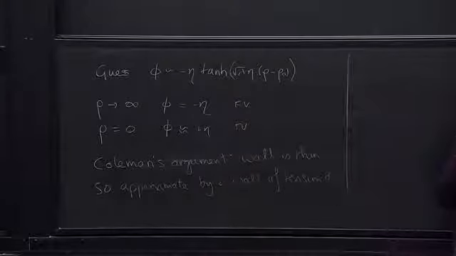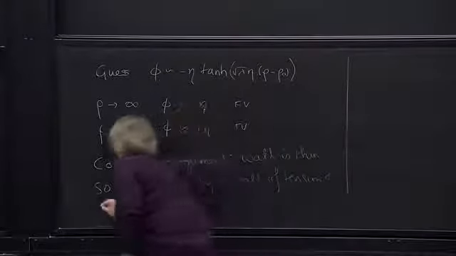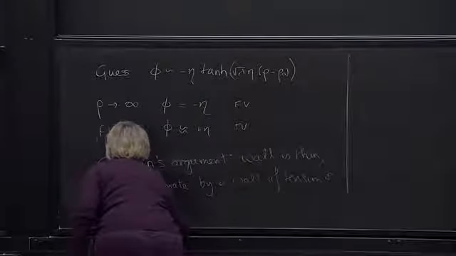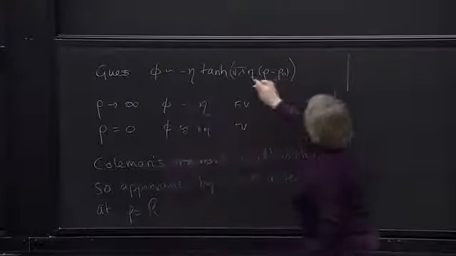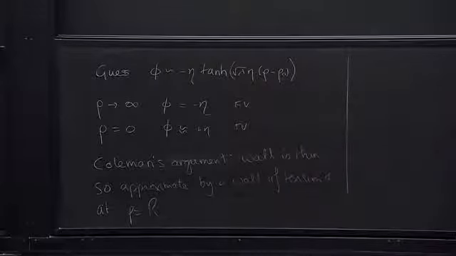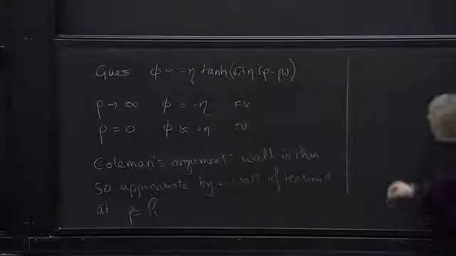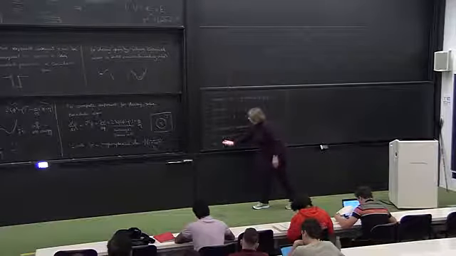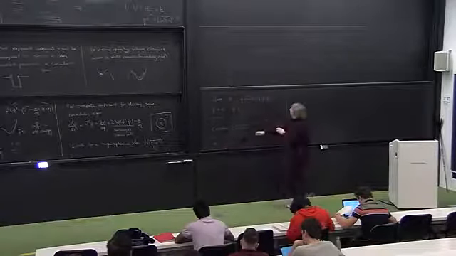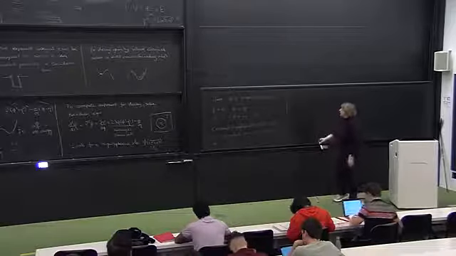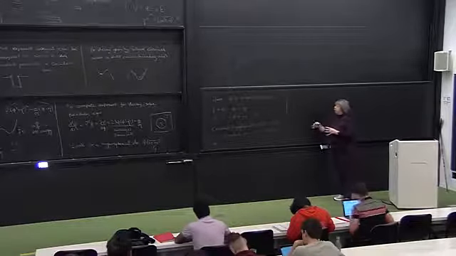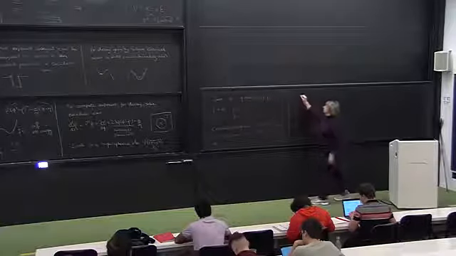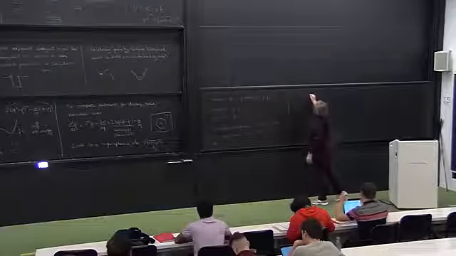So his argument was this wall is thin, so the bubble looks very much just like a bubble wall sitting at rho equals some capital R. So here capital R would be root lambda eta rho naught. Well, let me just say sitting at R because I've got a scaling in there. So to form the bubble, there's a cost, which is making the wall.